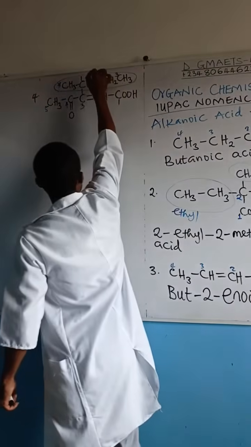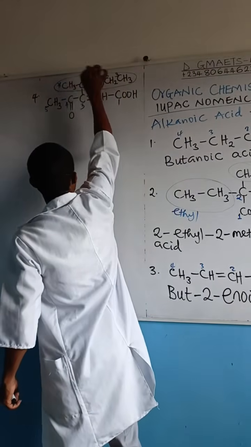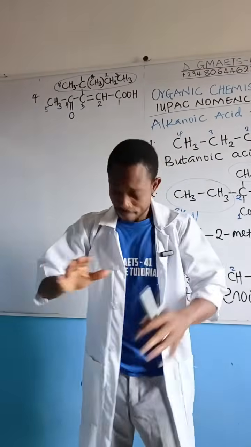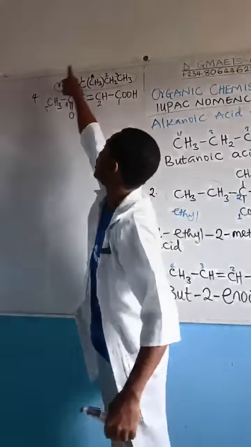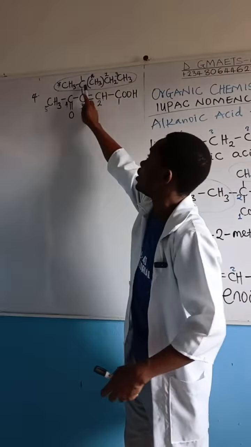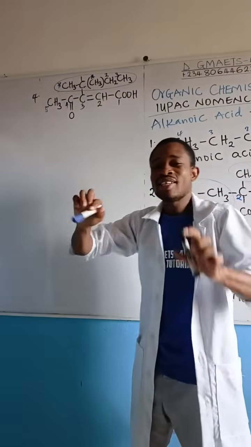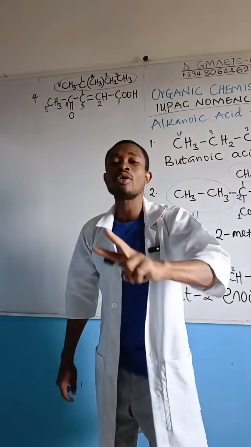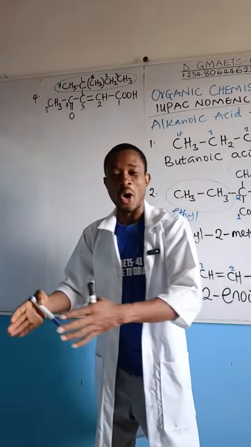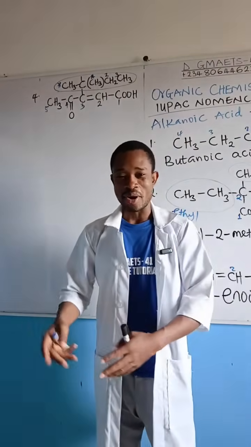Look at this one. This guy in parentheses is also an attachment, also a substituent. So look at what we're trying to say. In the whole substituent part here, this side chain, the longest of it is 3 carbon atoms. In that 3 carbon atoms, you have 2 other sub-attachments. I call it substituent on a substituent, attachment on an attachment.